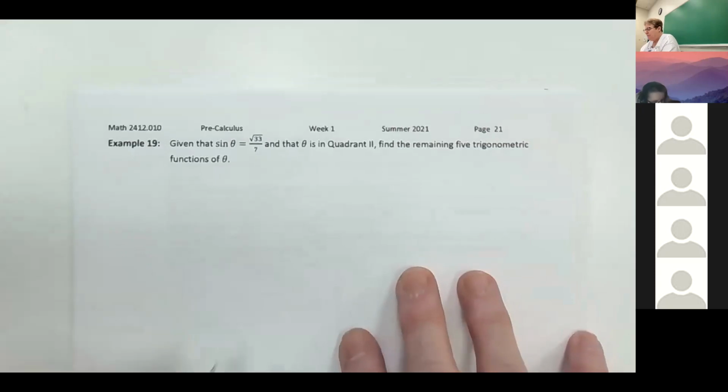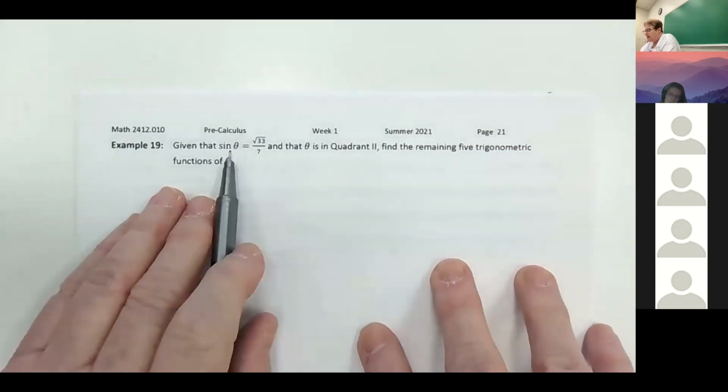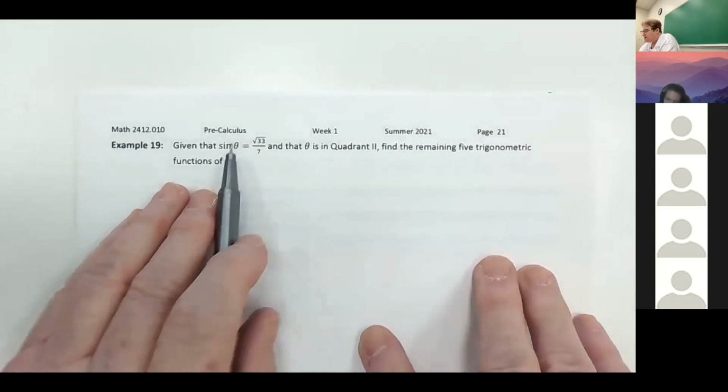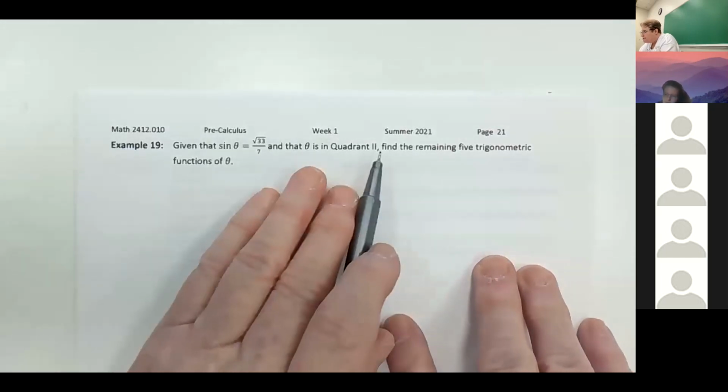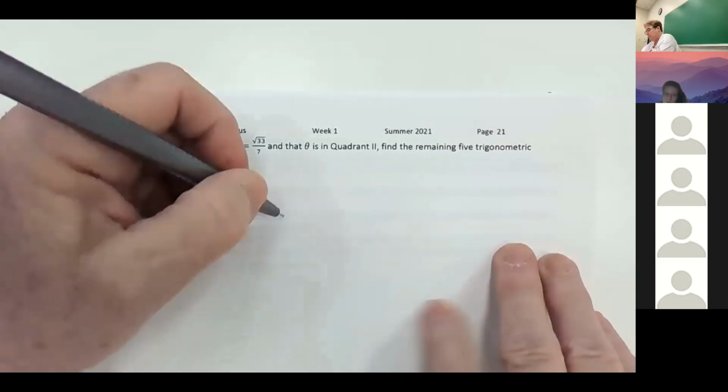Okay, let's do something that's actually really, really fun. They tell us that the sine of theta is the square root of 33 over 7, and that we're in quadrant 2.